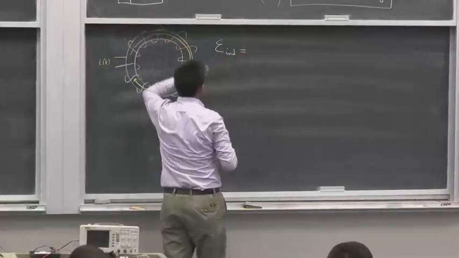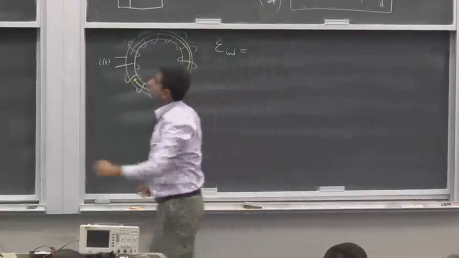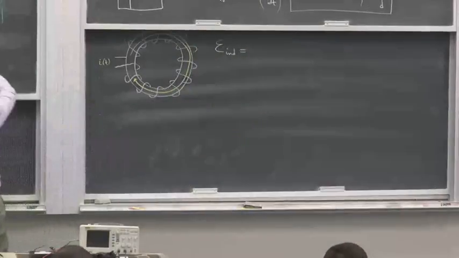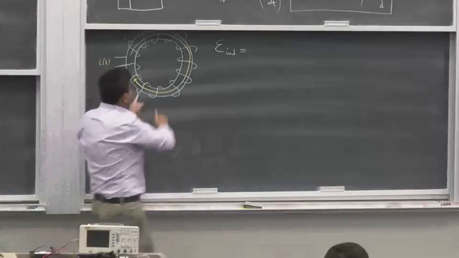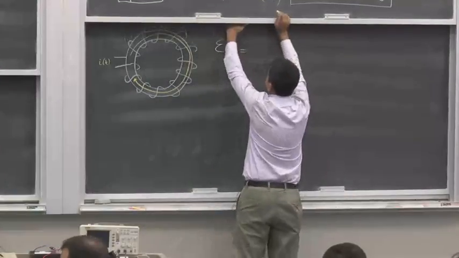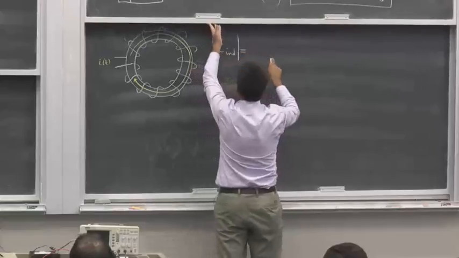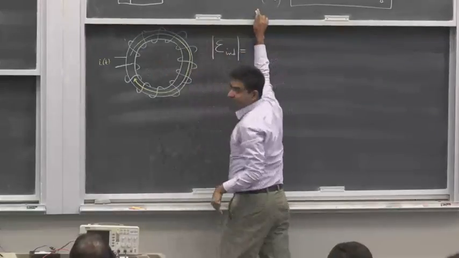now the EMF is just given by Faraday's law here. This is the integral of E dot dl around this closed path. Its magnitude is the time rate of change of the flux. Now what's the field?